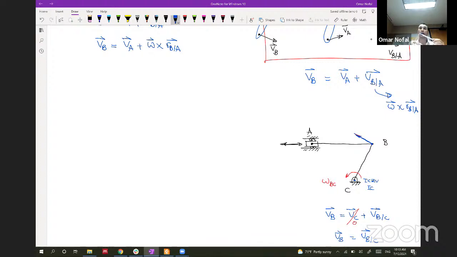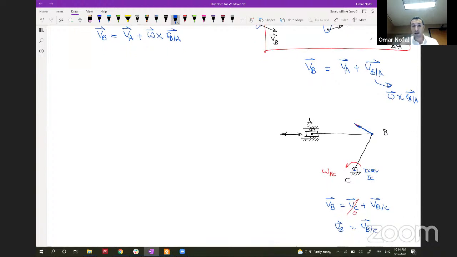So this point is not moving, but this point is the only one moving. So you are relating a point that moves with a fixed point, so it should be equal to each other. Okay, so this is for the VB.